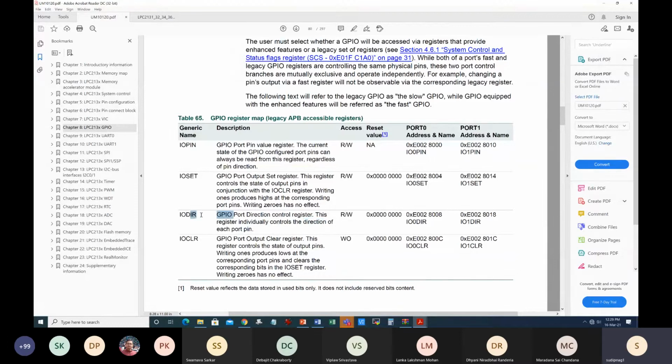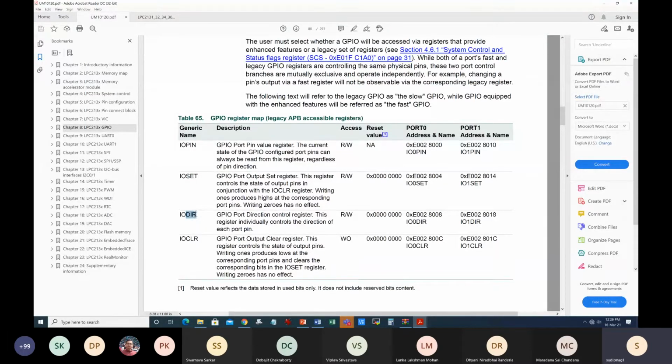IO direction essentially controls whether it is input direction or output direction. It has to be configured very well, because in both analog mode and digital mode, this direction is important for any IO pin. Once you set the direction, you can then set the pin or reset the pin.